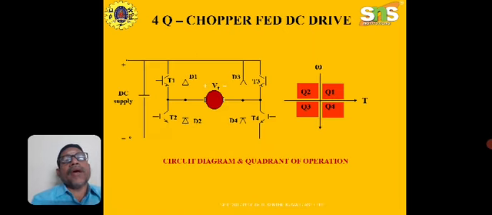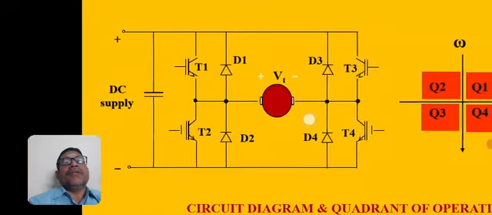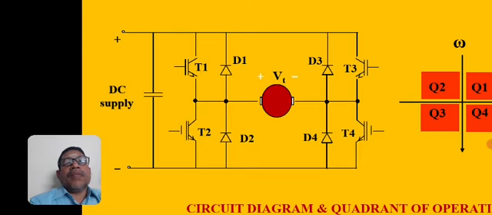This is the circuit diagram for the four quadrant operation of a chopper. The left hand side is the DC supply, which is plus and minus, and it consists of four transistor switches, marked as T1, T2, T3 and T4, and four anti-parallel diodes D1, D2, D3 and D4 acting as a freewheeling path.